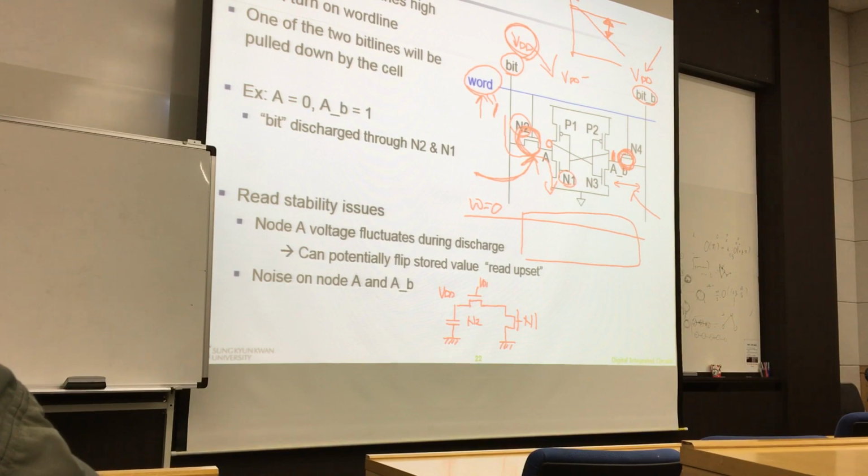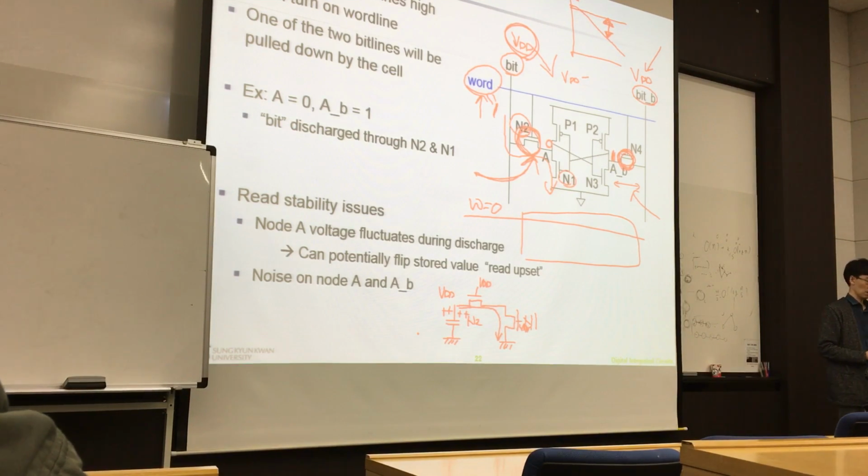So this is VDD, this is VDD, so you are discharging your charge on this bit line, right? And now this node voltage will initially go up, because for this N1 transistor to pull down current, you need some VDS, right?